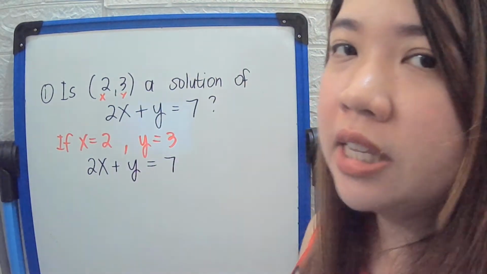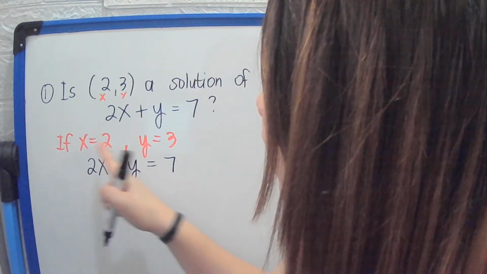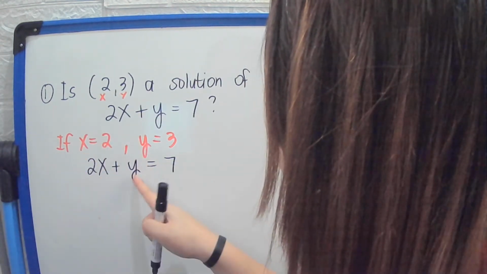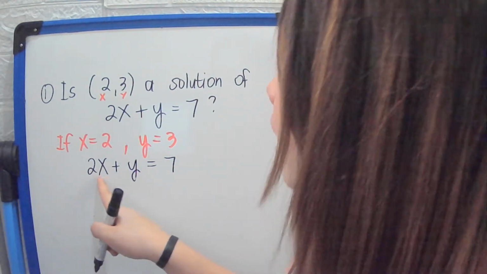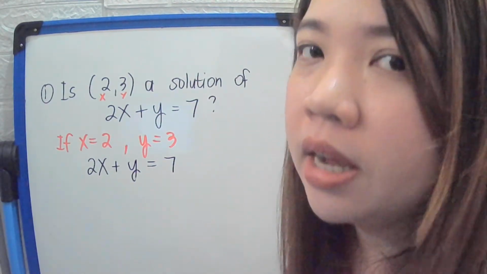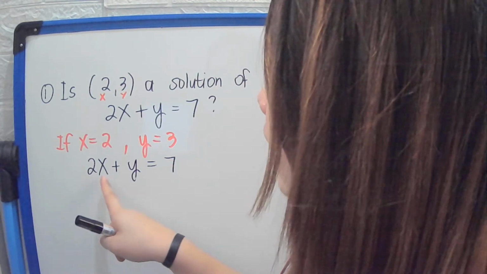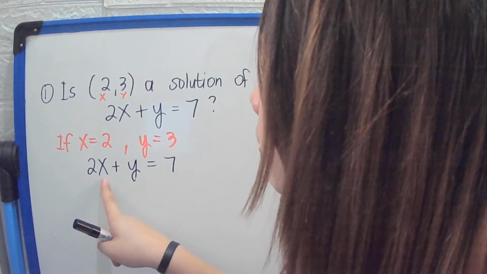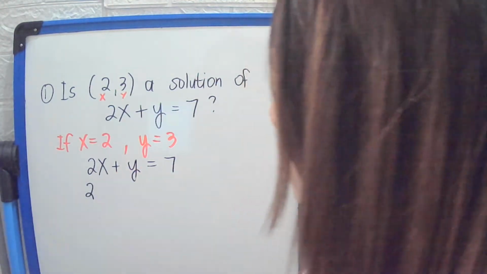Now, when I say substitution, papalitan lang po natin yung value niya para dito, value ni y na ganito. So, since may katabing number si x or may numerical coefficient si x, ibig sabihin, yung number na ipapalit natin kay x dito, i-multiply natin kay 2. Okay?